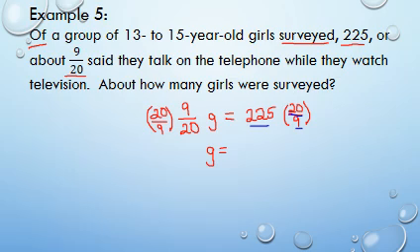I'll say that one more time, 225 times 20, and then divide by the denominator, 9. And that gives you 500. So 500 girls were surveyed.